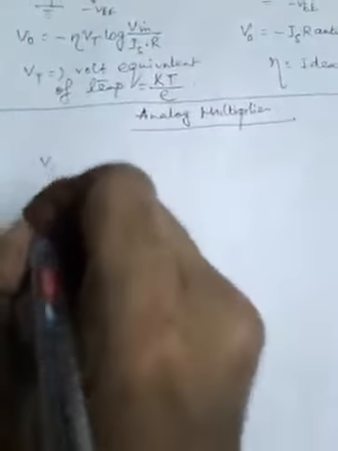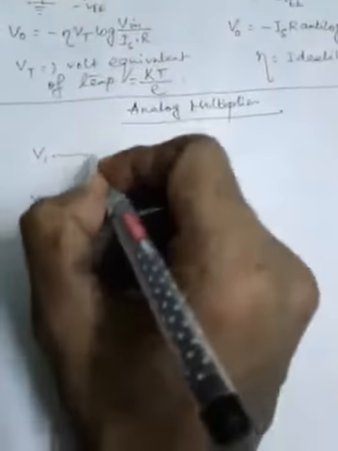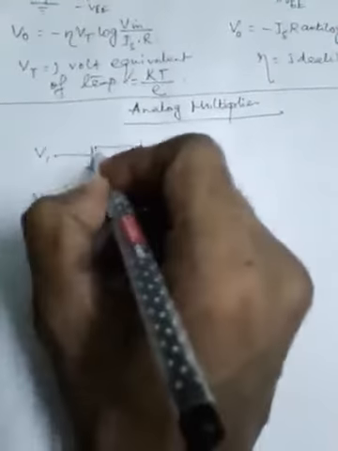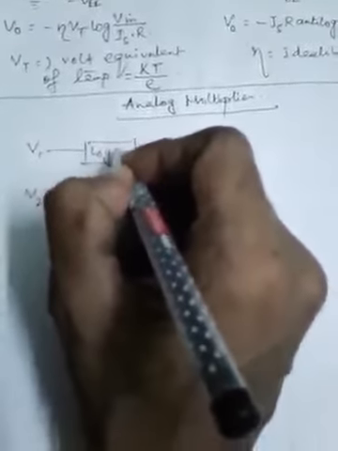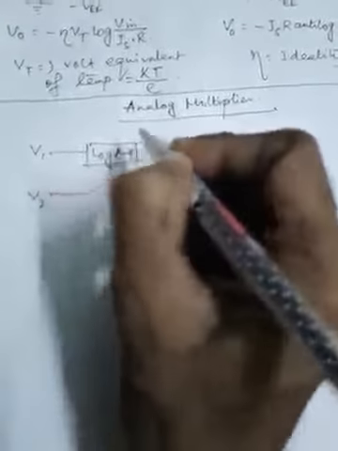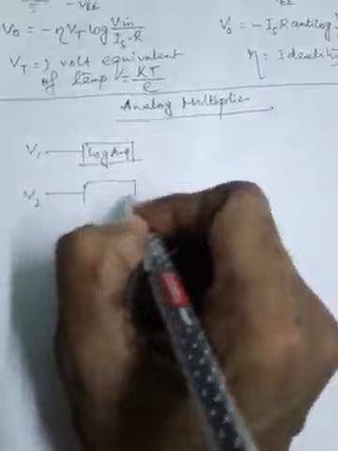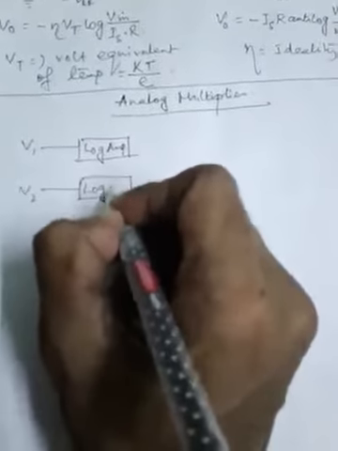Before moving on to the analog multiplier circuit, let us see its block diagram of connections. We have two inputs V1 and V2, and they are applied to two log amplifiers separately.